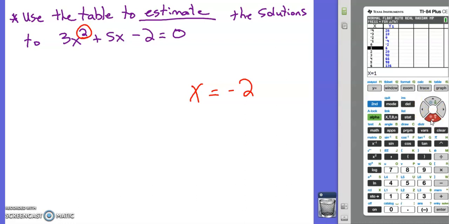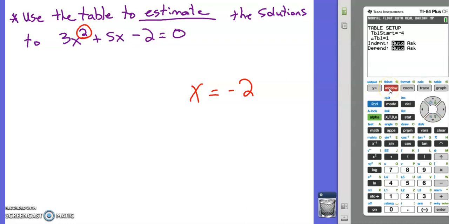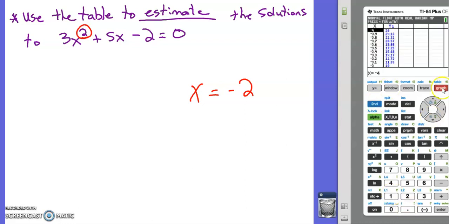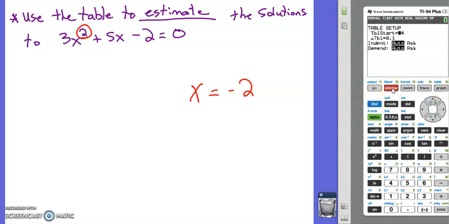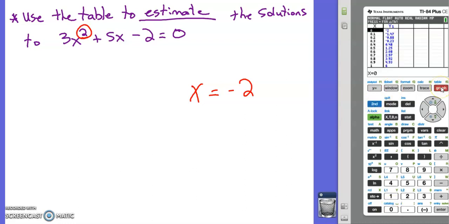I just want to remind you that you can substitute this in the table set. You could tell it to count by, let's say, 0.1, starting my table at 0. At 0, you can see it's 2 feet below, and it's still below ground, still below ground, still below ground right here, and then all of a sudden it's above ground.